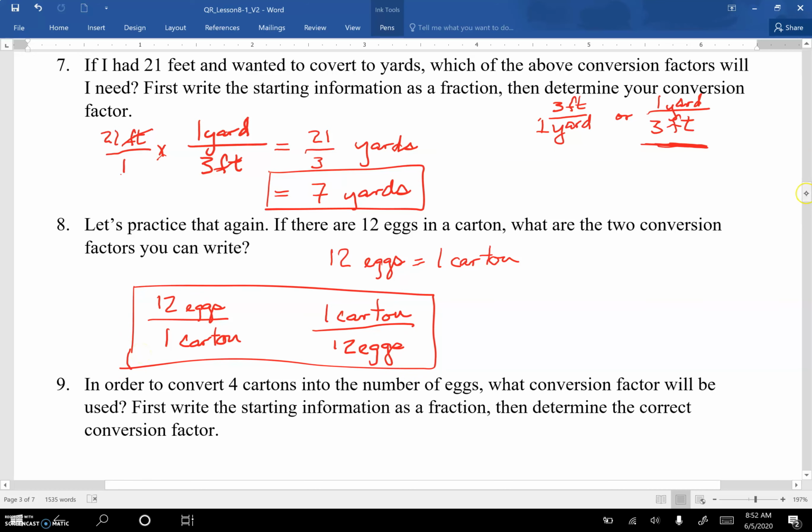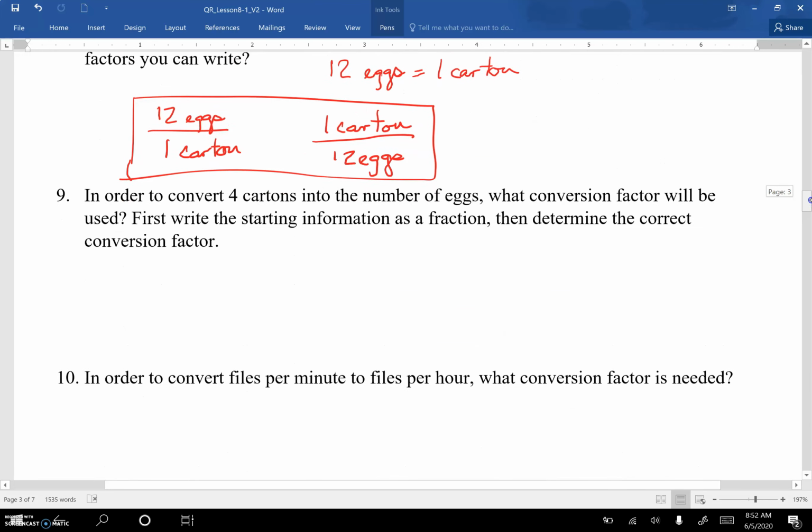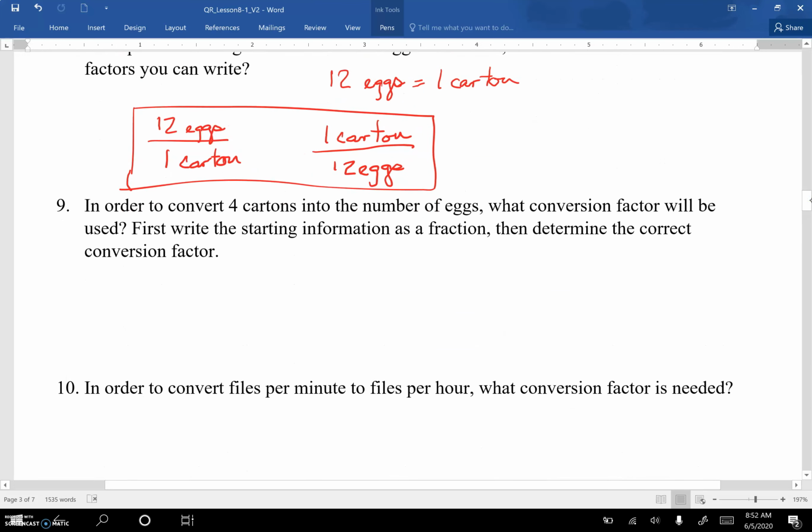Let's use that now. In order to convert 4 cartons into number of eggs, what conversion factor will be used? So again, let's write our starting information. We have 4 cartons. There's no per there, so I'm going to rewrite that as 4 cartons over 1. So I want to now get rid of cartons and end up with eggs.